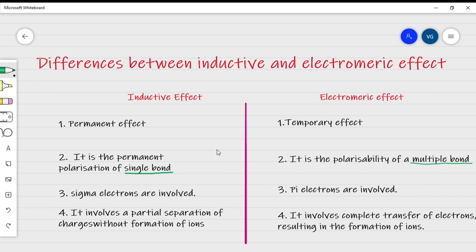So sigma electrons are involved here, and here the pi bond breaks, so pi electrons are involved. Now the fourth point: it involves a partial separation of charges without formation of ions. And here, this is a very important point, it involves complete transfer of electrons, resulting in the formation of ions.